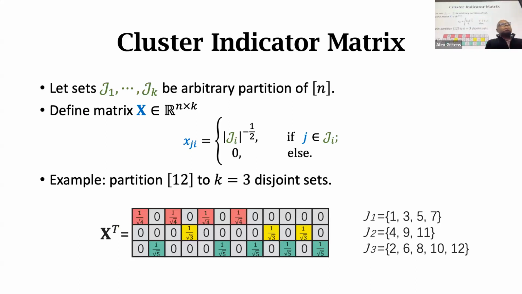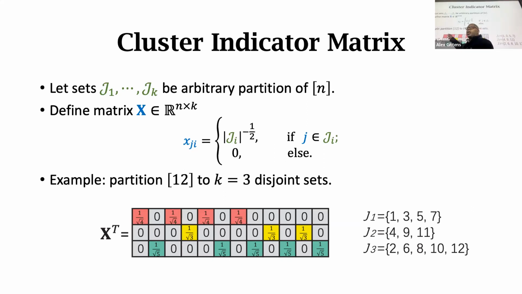So we can reformulate this as a sort of linear algebraic-ish problem by using this idea of a cluster indicator matrix. So let's say that I give you an arbitrary partition of the numbers 1 to n. Then I can define this cluster indicator matrix in this way. So it has as many columns as there are clusters. So in this case, I'm clustering the numbers 1 through 12 into 3 clusters, right?